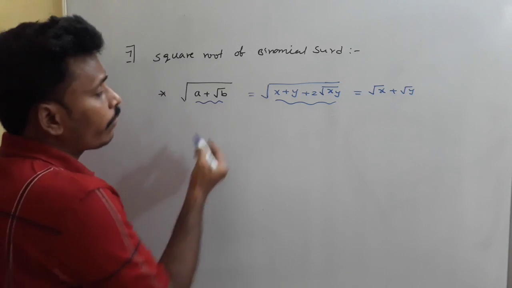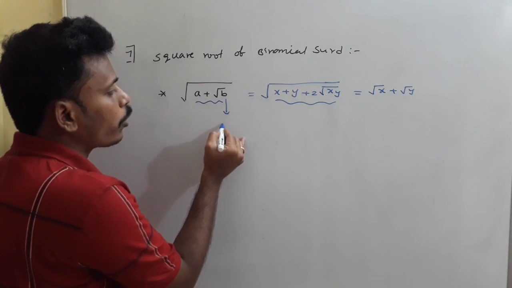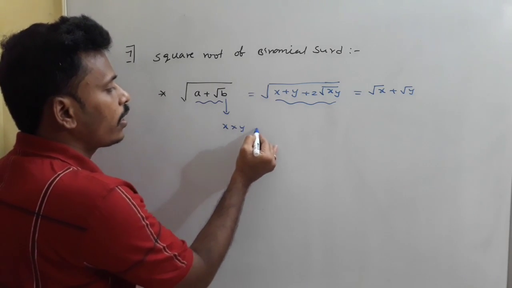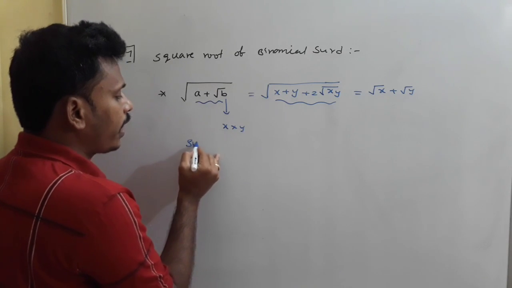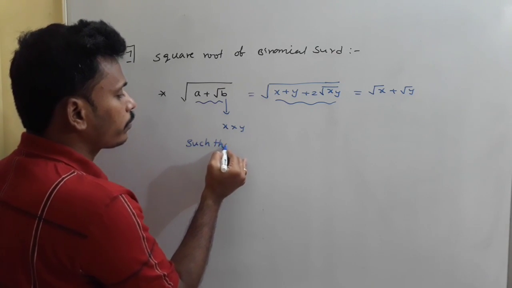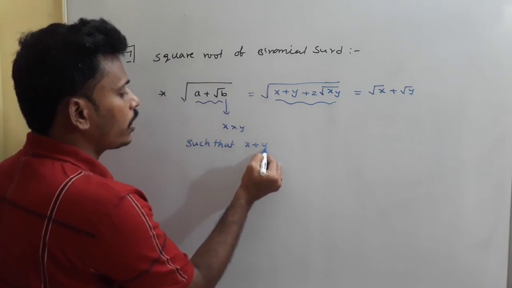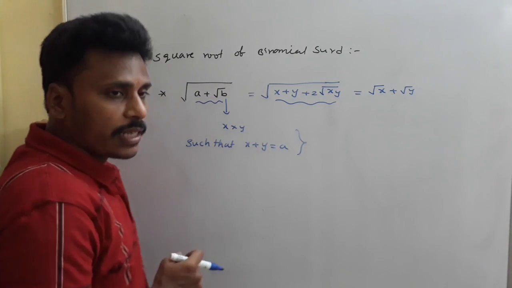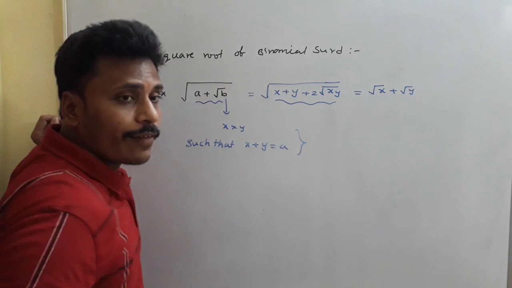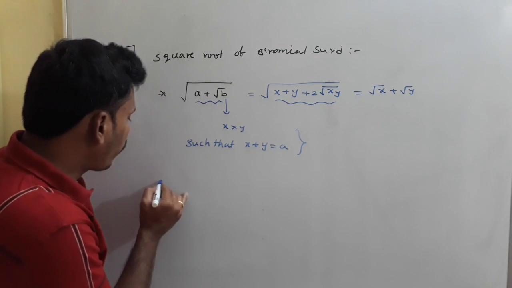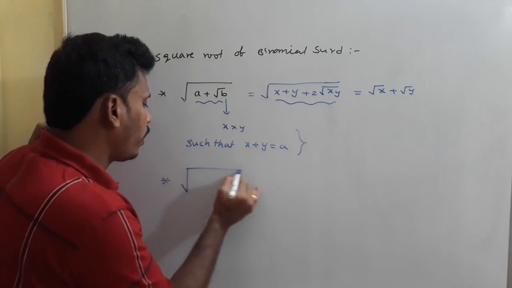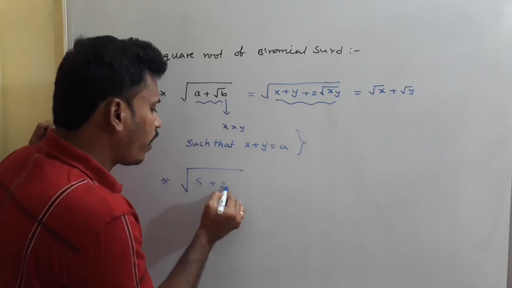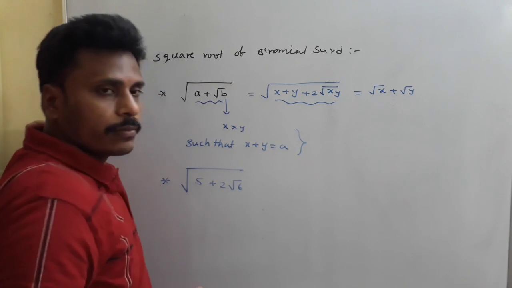In the sense we need to write b as a product of two numbers x and y, such that x plus y equals a. If you can identify two numbers x and y this way, then easily you will say our answer is root x plus root y. Suppose you have a number of the format square root of 5 plus 2 root 6.